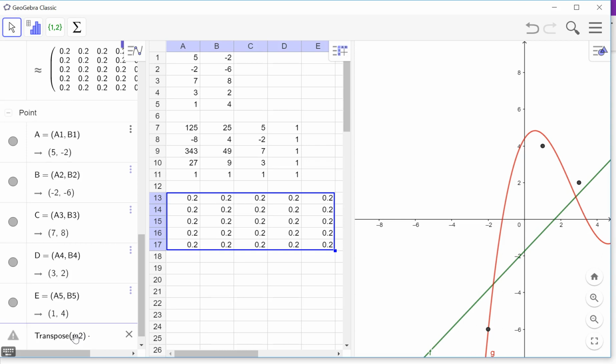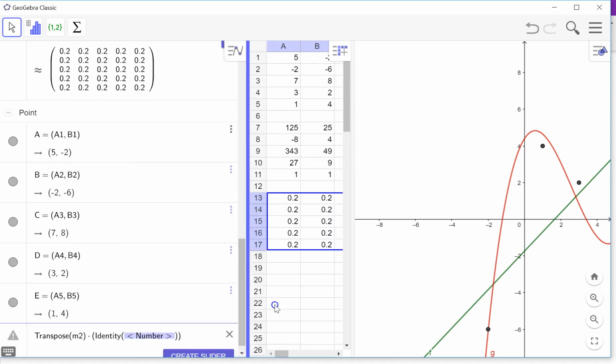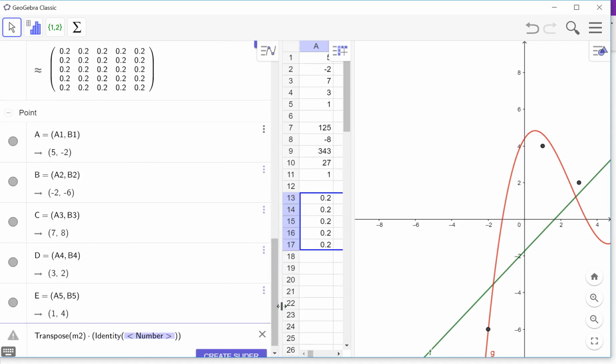I'm going to multiply it by, but parentheses. Notice I started typing the word identity. The command comes up. Let me shrink this over here. So it says identity of number. So I just put a 5 in there so it tells it the dimensions. Okay. And then minus M5, the matrix we just created.